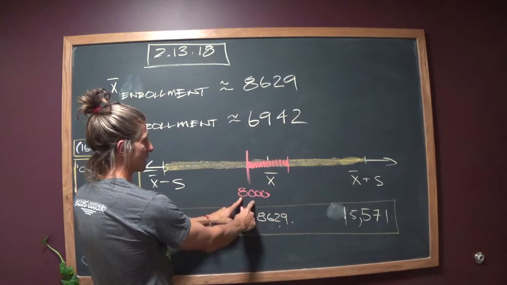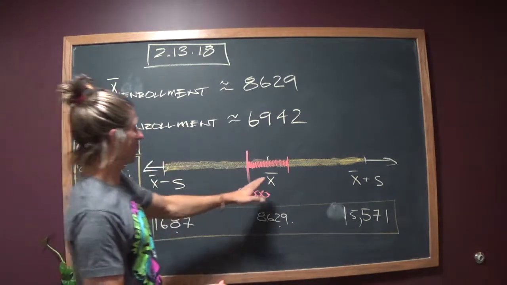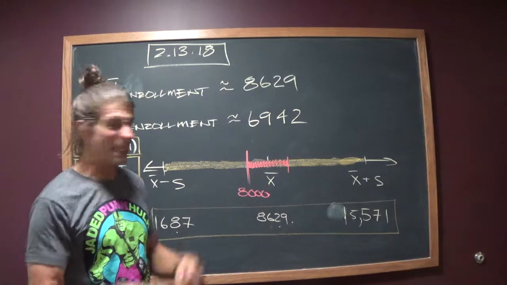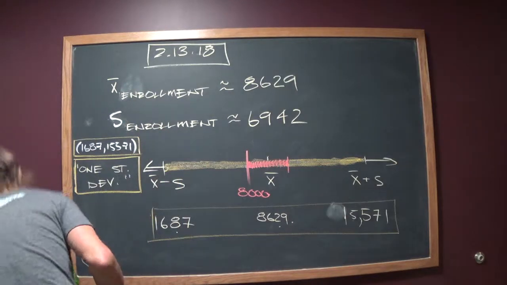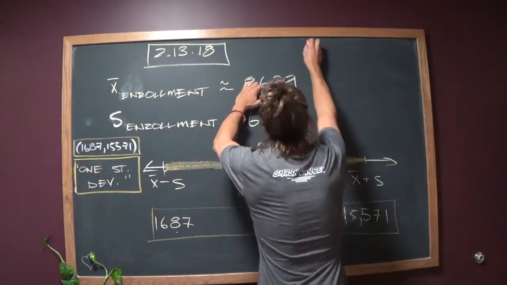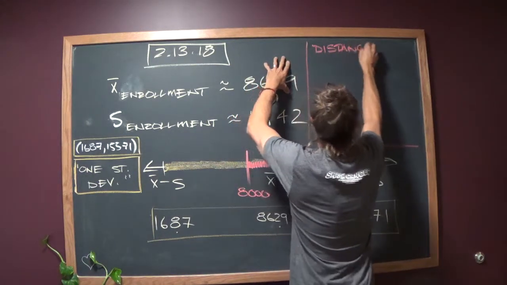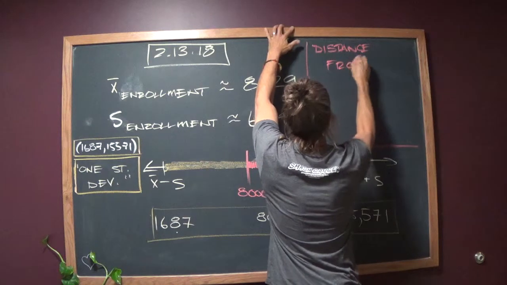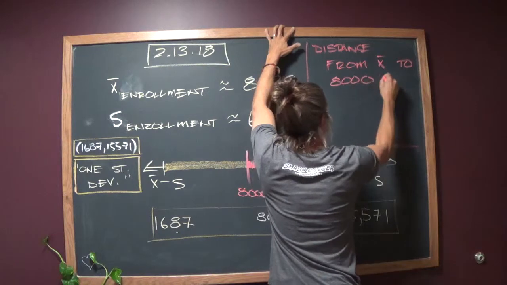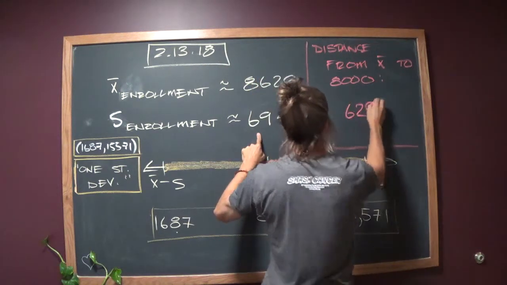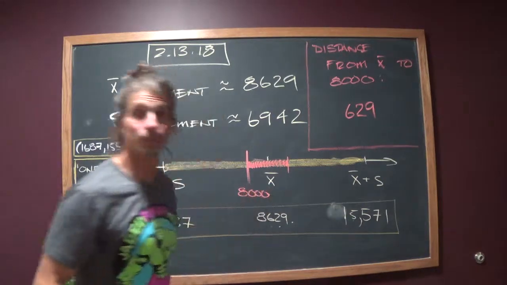Well, if this is 8,000 and the average is 8,629, the distance from the average down to 8,000 is technically negative 629, but I'll just call it positive for the sake of simplicity. We can adjust it later. So the distance from X bar to the data point 8,000 is just 629. That's the raw distance, 629.